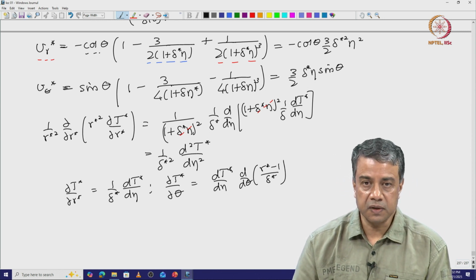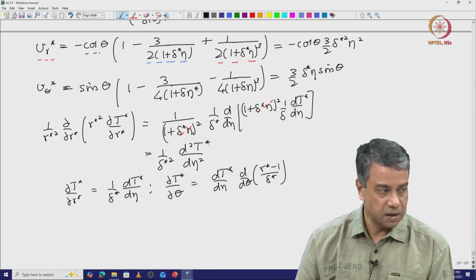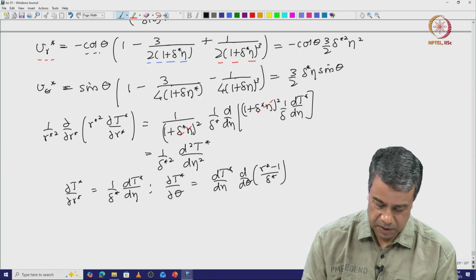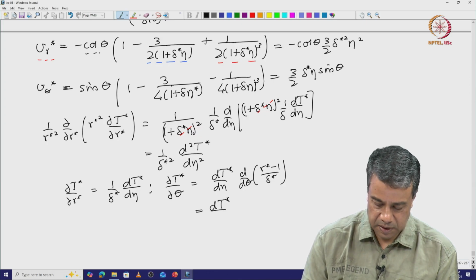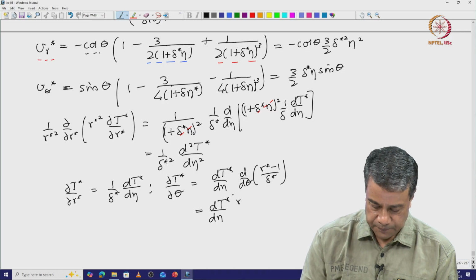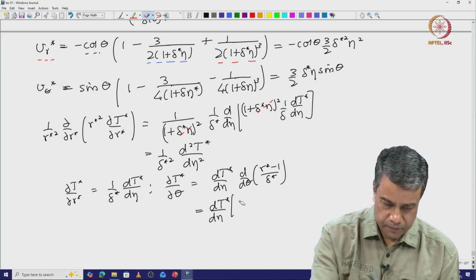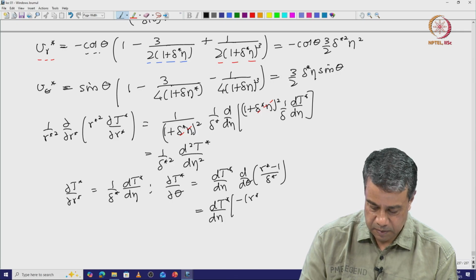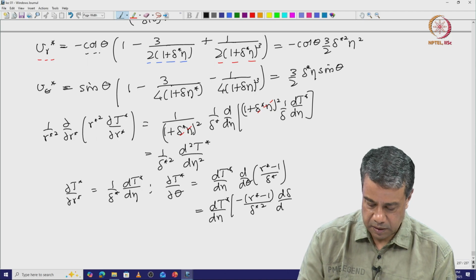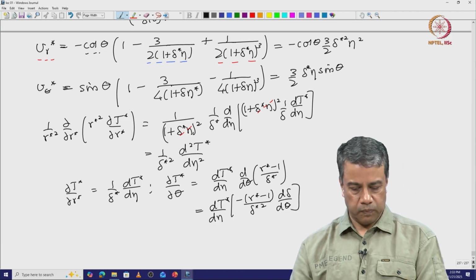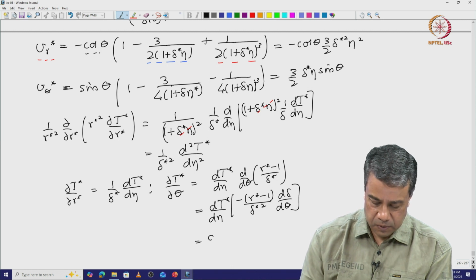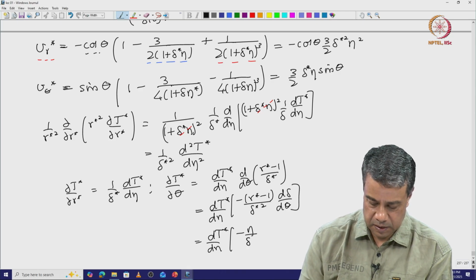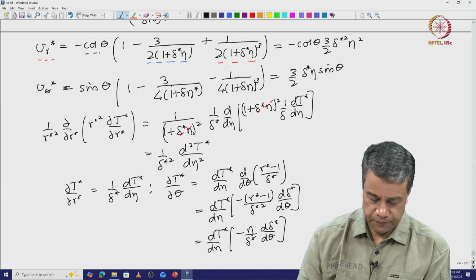In this expression, only delta depends upon the angle theta, the downstream distance. So I can also write this as dt star by d eta into minus of r star minus 1 by delta star square d delta by d theta. And this is equal to dt star by d eta into minus eta by delta star d delta star by d theta.